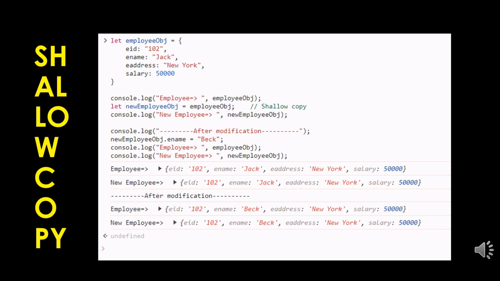In the original, the employee object first had the name Jack, and the new employee also had the name Jack. When I modify the new employee, it affects the old employee object also, because it is referencing the same memory location. So based on your needs, you can decide which one to use, deep copy or shallow copy.